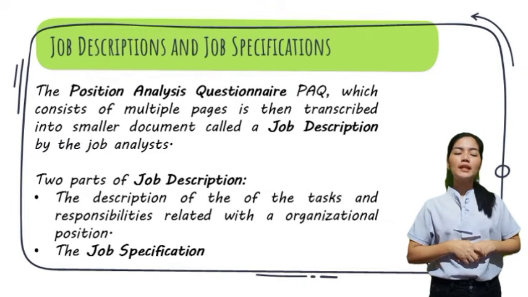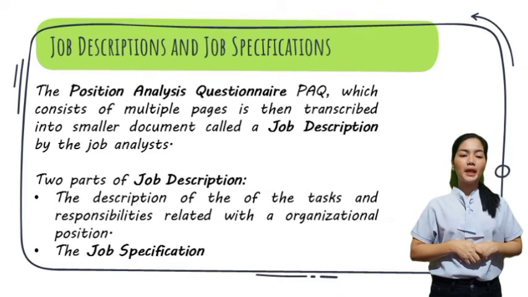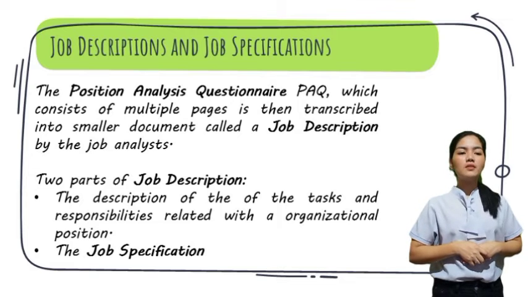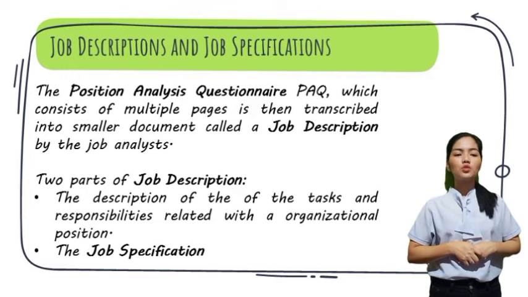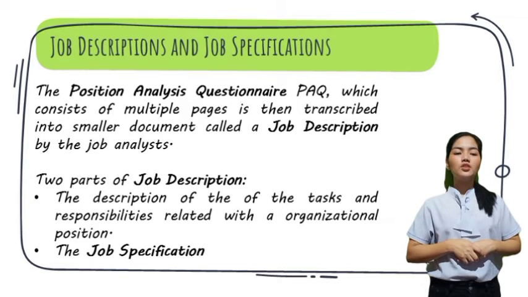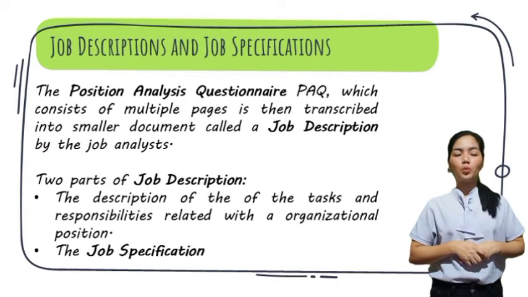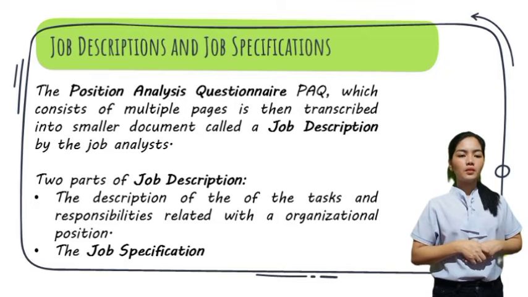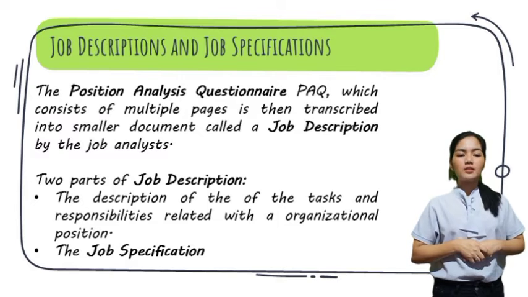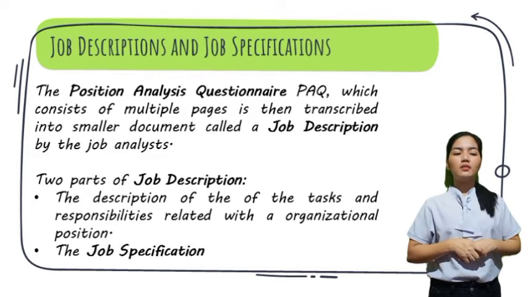The Position Analysis Questionnaire, or PAQ, which consists of multiple pages, is then transcribed into a smaller document called a job description by the job analyst. The job description consists of 2 parts: the description of the tasks and responsibilities related to an organizational position, and the job specification.